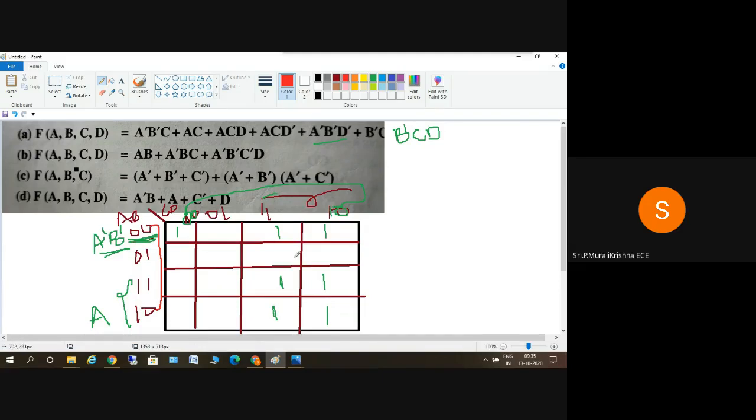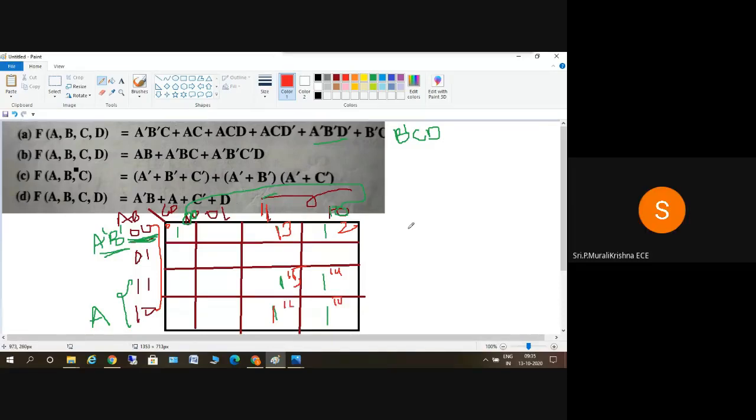Okay. I need CD. So CD ante, again this one. So third column. So CD. So this one and this one. So there is no need of additional thing here. Okay. So this is the final min terms here. So what are the min terms here? This is 0, this is 2, 3, and this is 12, 14, 15, and what is this one? 10, 11.